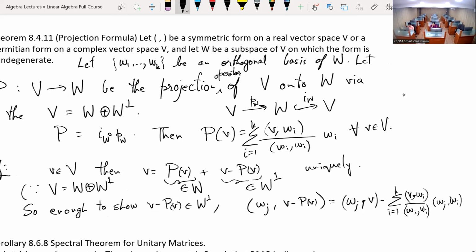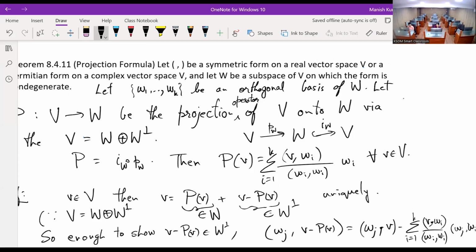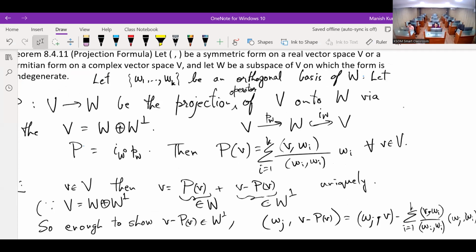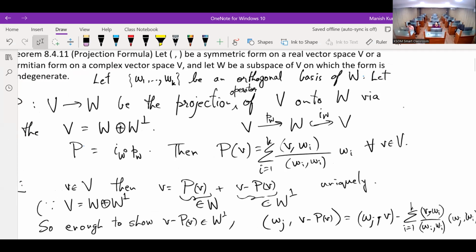Is this okay, the formula? So Wj comma V minus PV is just Wj comma V minus Wj comma PV, and Wj comma PV I've just expanded, using the formula for this.